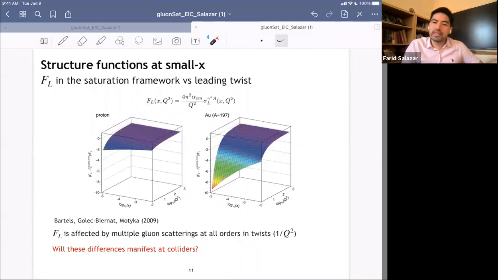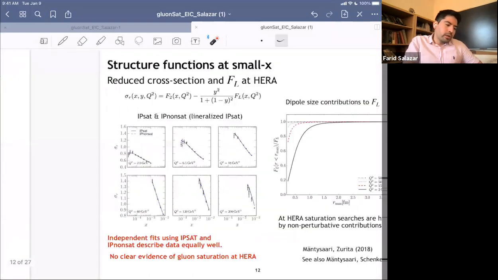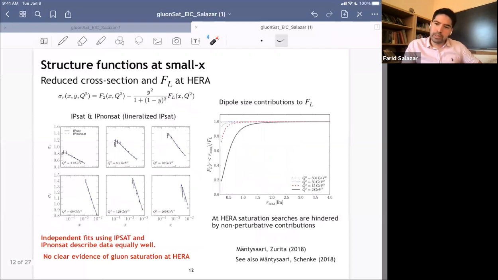So the question is, will these kind of differences manifest at colliders? It seems like the differences are huge, so why can't we observe them at colliders? The reason is the following. For structure functions, there is also contamination, if you wish, from large dipoles.